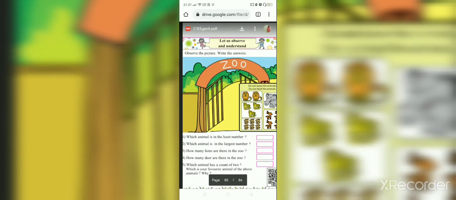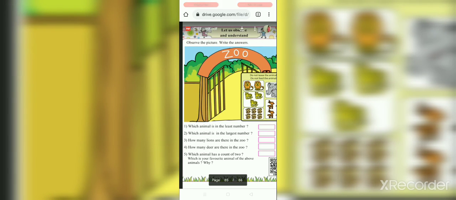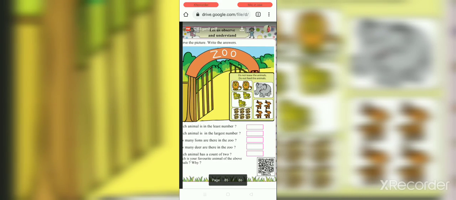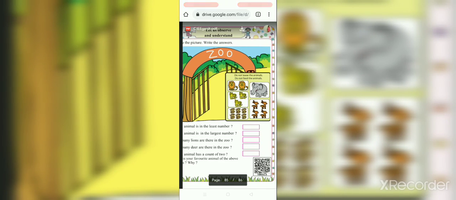So now we'll learn. Let's observe the zoo. So now you have to observe who all have gone to the zoo. Zoo means there are birds, animals, then snakes, wild animals in the zoo.